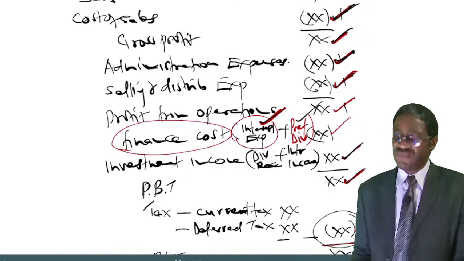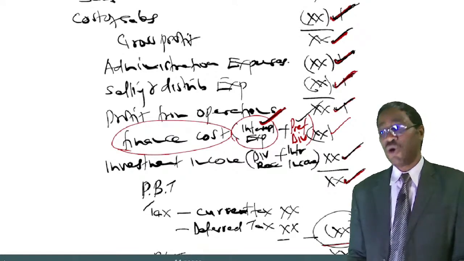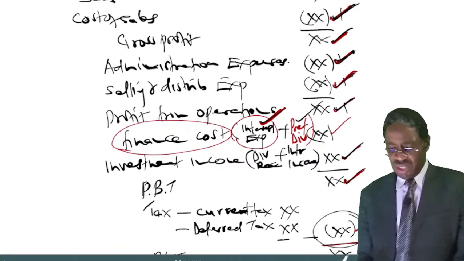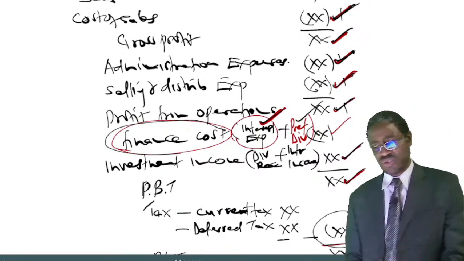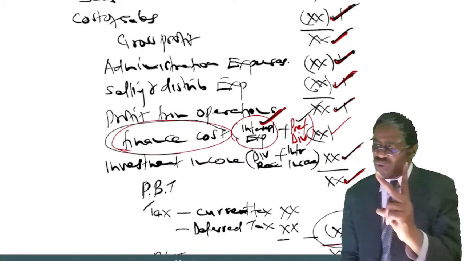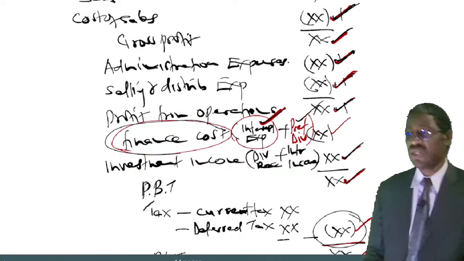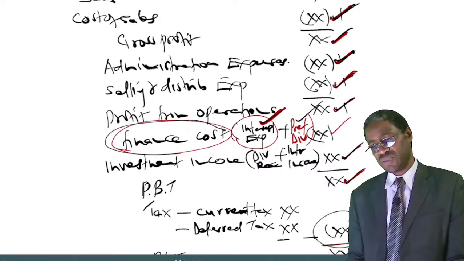Then from there, we said you get what we normally call profit from operations. Then from there, we said you come and charge what we were calling finance costs. And we gave two examples of finance costs. One of them is what we were calling the interest expense.